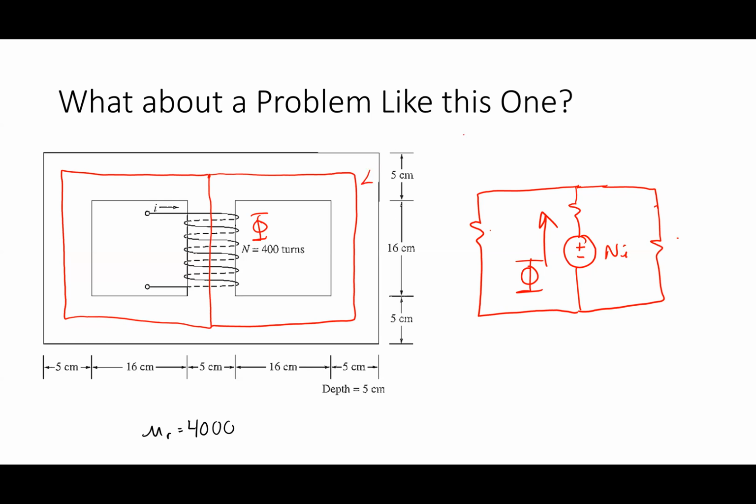How would I get it for this side? What's the length going down that side? I'd go from this point to this point. So the length on that side is 16 centimeters plus 2.5 plus 2.5. What's the cross-sectional area that I go through going down that side?